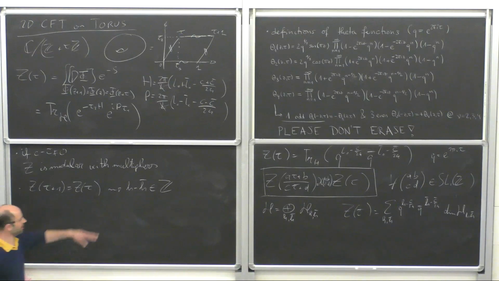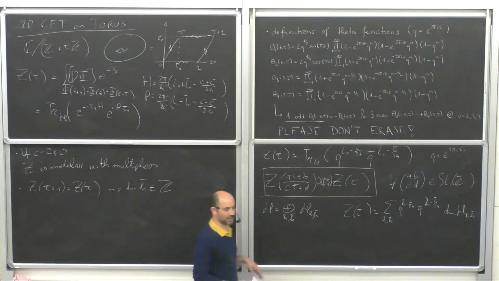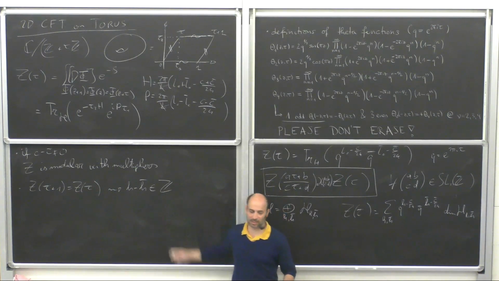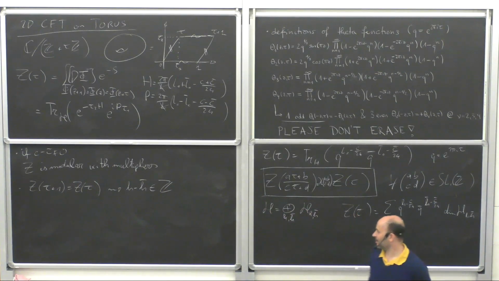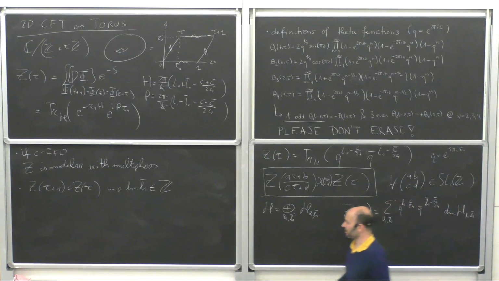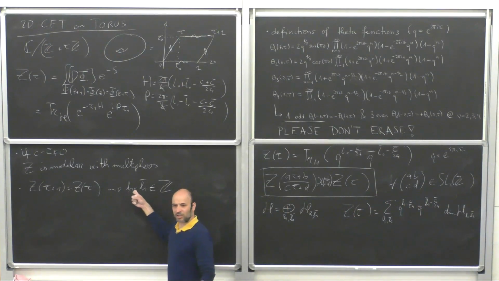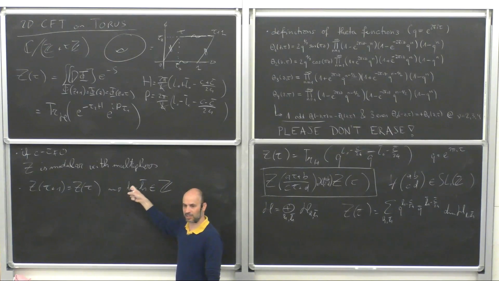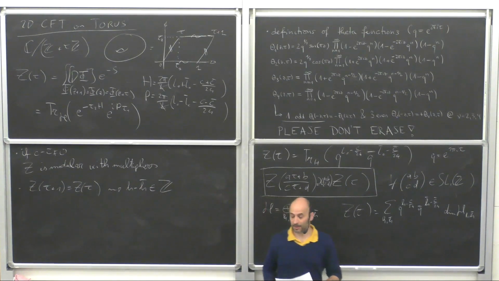This is the spin of your states. So all spins of the states must be integral, which means that the theory is bosonic. h and h bar, each of these can be any real number; just the difference has to be integral. For example, in the Ising model, we had 1/16, 1/16. So the difference is integral, but the individual values are not.